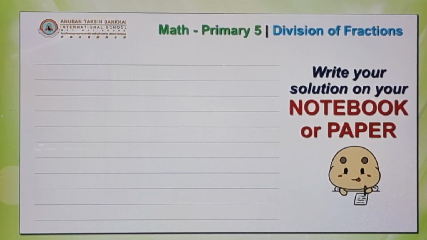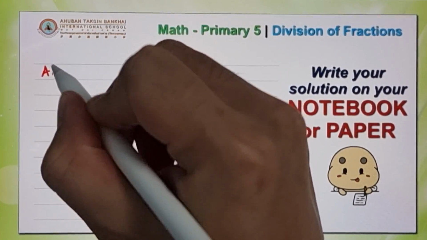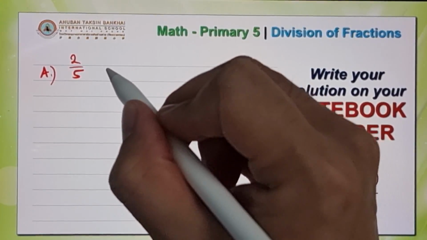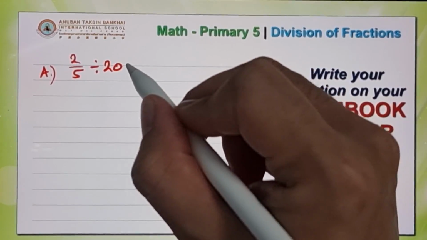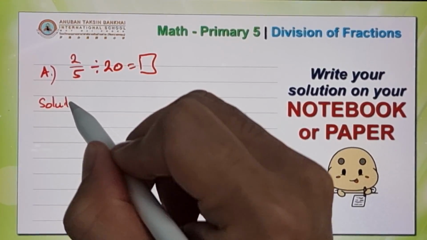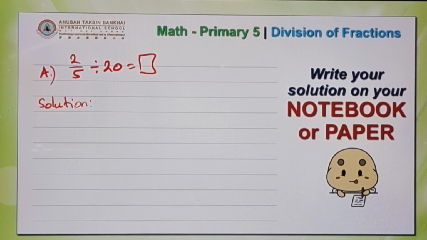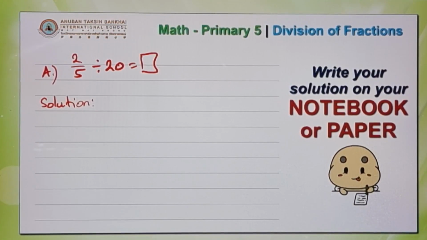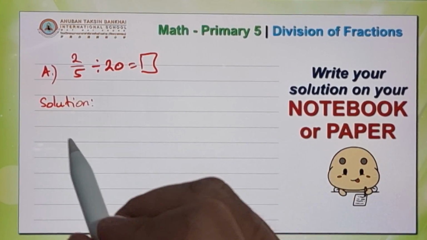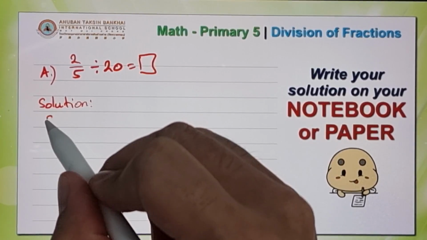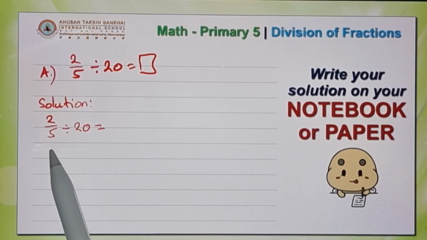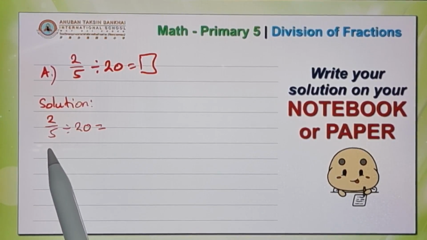Now let's solve letter A again: 2 over 5 divided by 20 is equal to blank. Okay, so let's write our solution. Again, take note of the 3 steps in answering division: copy, change, invert. So we are going to have 2 over 5 divided by 20 is equal to, first, we're going to copy this one.